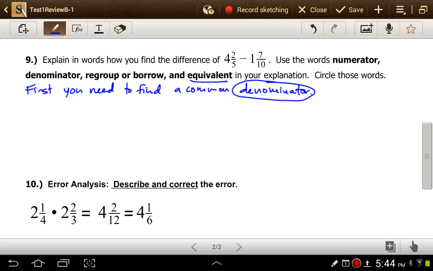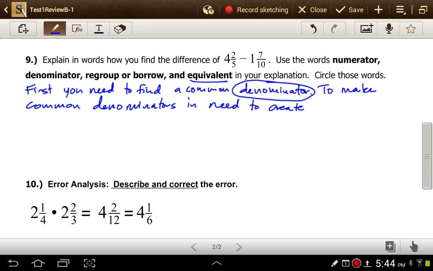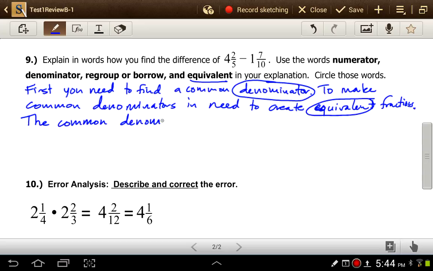So to make common denominators, I need to create equivalent fractions. There's my second word. So then I want to start talking about these in examples. So the common denominator for this example would be 10. Common denominator is 10.